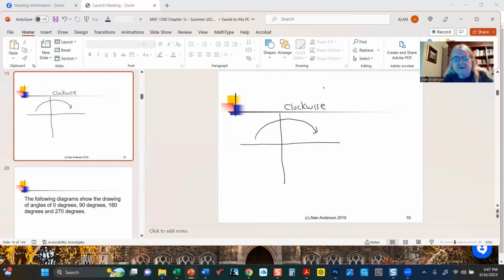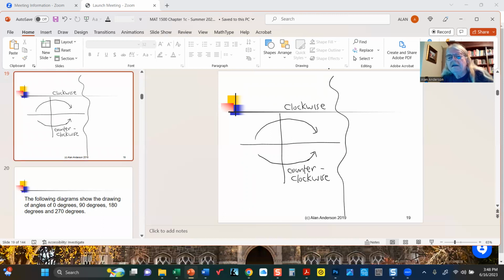And of course, the other direction is counterclockwise. Here's the big question. Why? Why isn't it the other way around? In other words, why was this direction chosen as clockwise and the other to be counterclockwise?